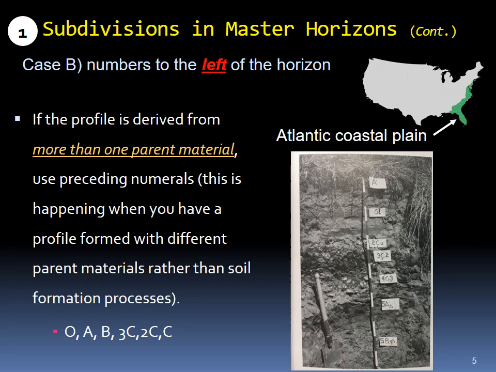So this indicates a parent material or a soil that was formed when the river or the stream was flowing at this particular place. So at that time, all of this soil was fully saturated, inundated with water.